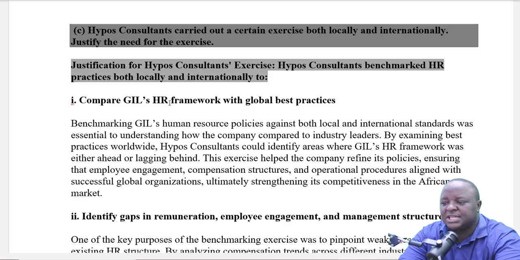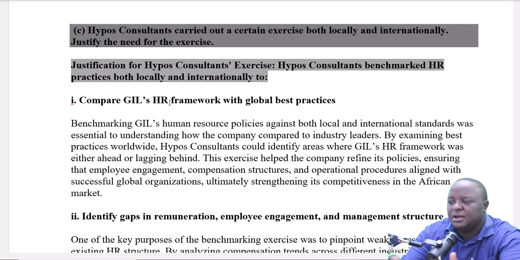So in other words, GIL wanted to do a comparison in terms of what they're doing vis-a-vis what other global successful companies are doing, so that they are able to learn from the best practices.